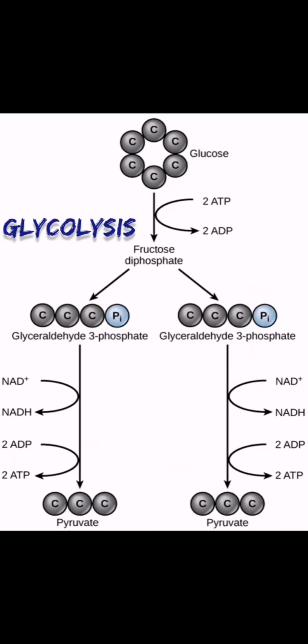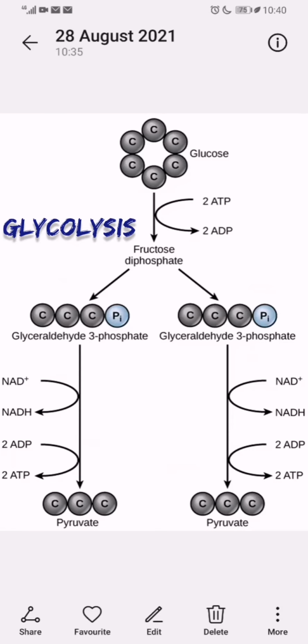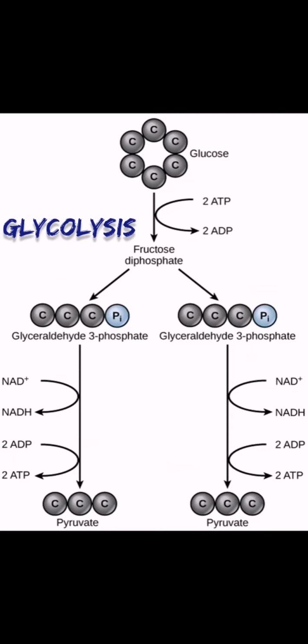ADP is adenosine diphosphate, and when it reacts with glyceraldehyde 3-phosphate, it obtains the phosphate group from the glyceraldehyde 3-phosphate and becomes adenosine triphosphate.